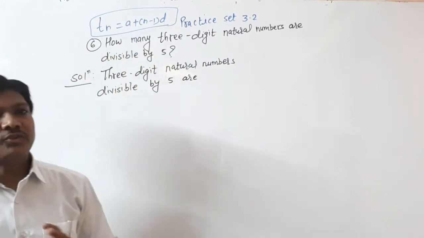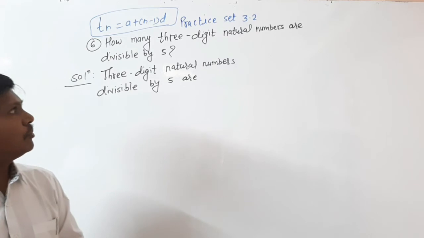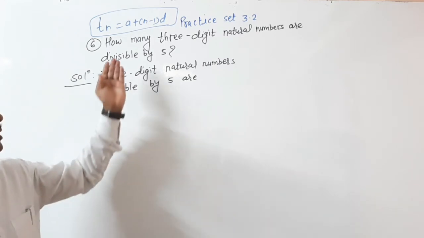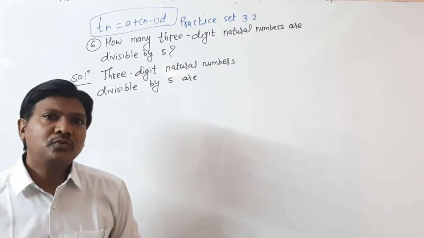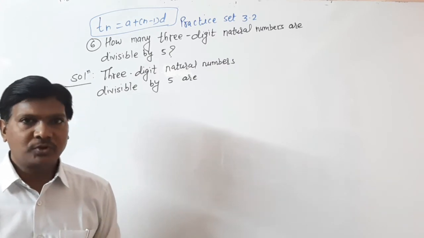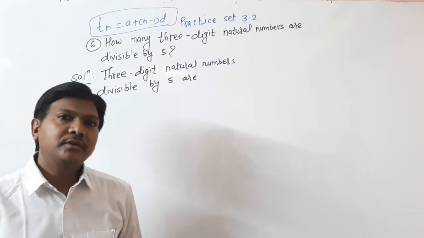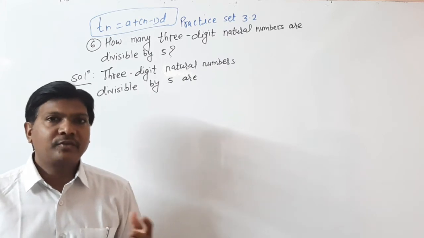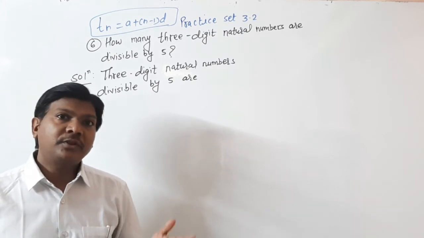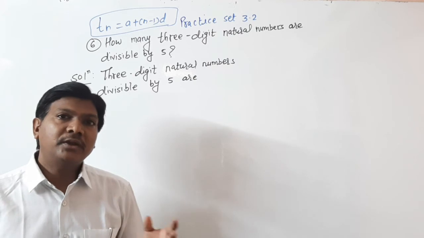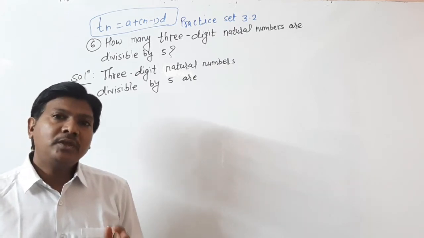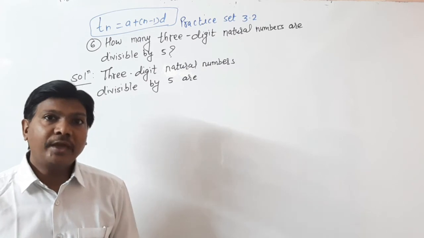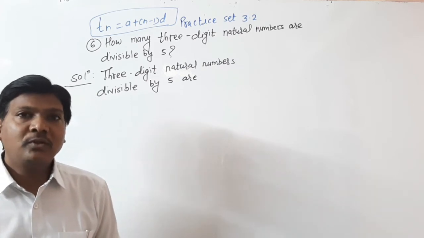See question number 6. How many 3-digit natural numbers are divisible by 5? So here, 3-digit natural numbers: the smallest 3-digit number is 100 and the greatest is 999. First we decide how many numbers there are which are divisible by 5.